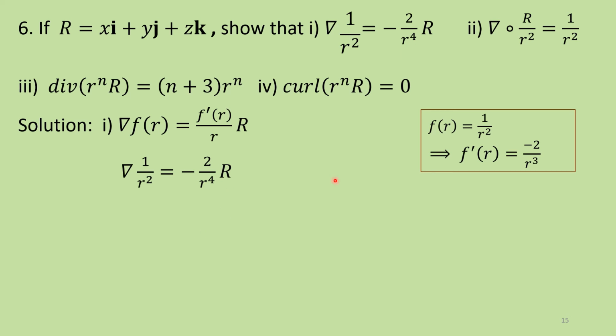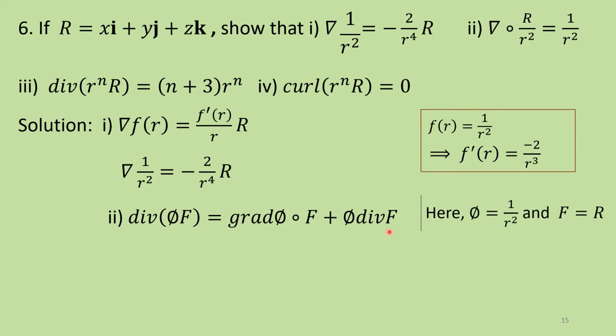Now similarly we take the second problem, where we need the divergence of r by r square. It is a scalar multiple of a vector: 1 by r square is a scalar and r is a vector. So I can make use of the identity: divergence of phi times f is grad phi dot f plus phi times div f, where phi is 1 by r square and vector r is the vector f.